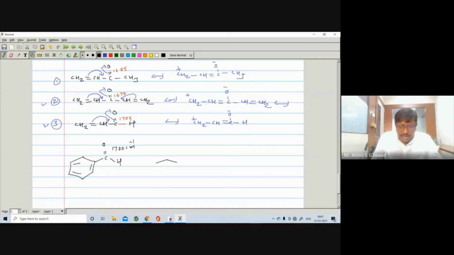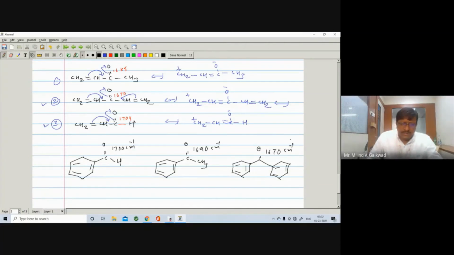Another example: if I replace the hydrogen by a methyl group, C=O and CH3, it will appear at 1690. And here, if there is C=O and here also a benzene nucleus, it will appear at 1670 centimeter inverse. Okay, so these are the vibration frequencies.